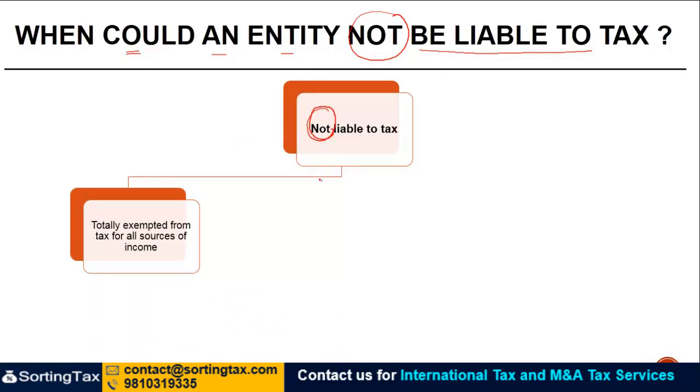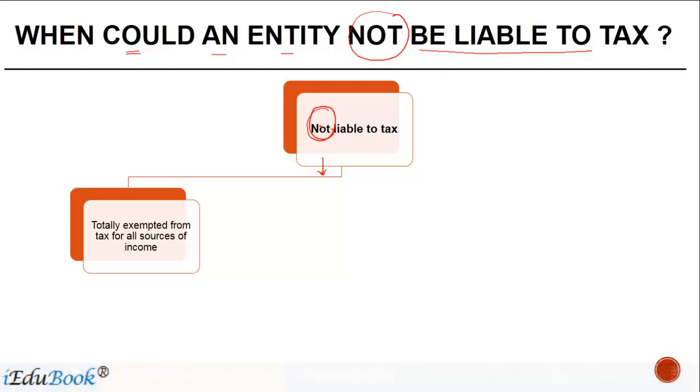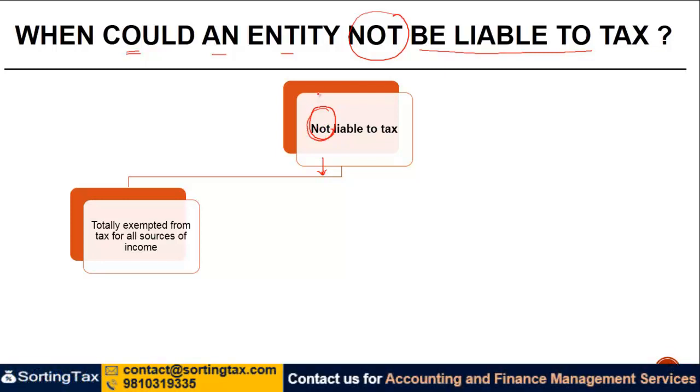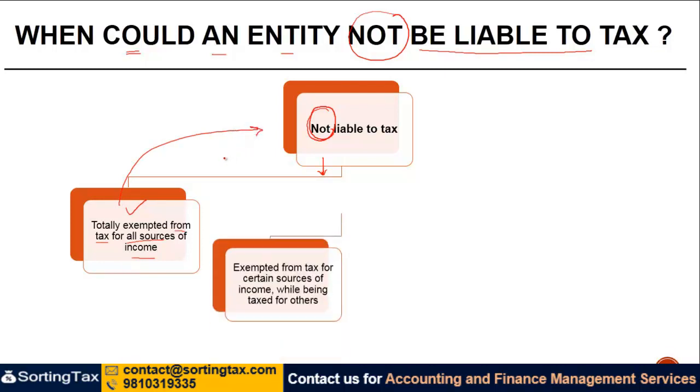Not all the ones that we are going to see under these bullets are situations where a person is considered as not liable to tax, but some of them do have those situations. If a company is totally exempted from tax for all sources of income, then it can be considered as not liable to tax.